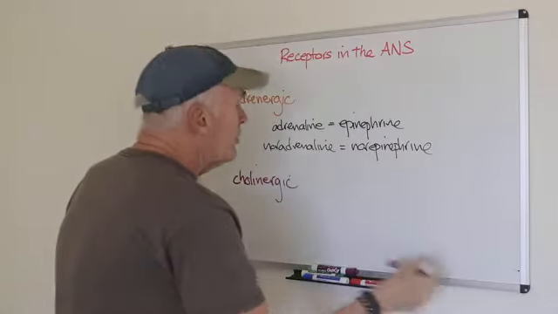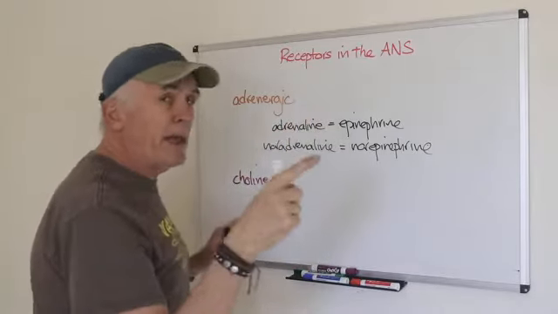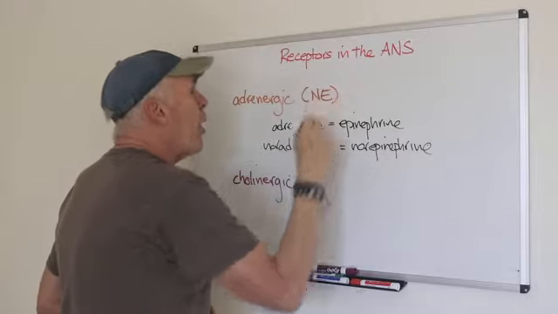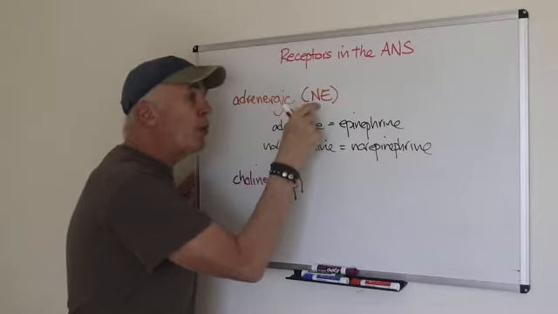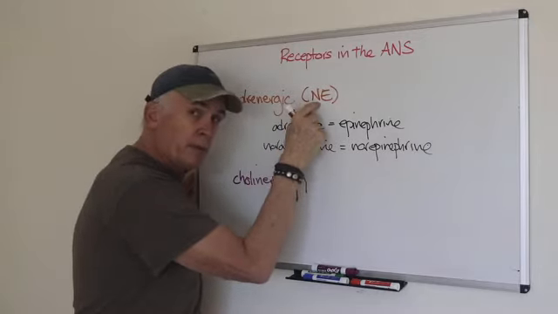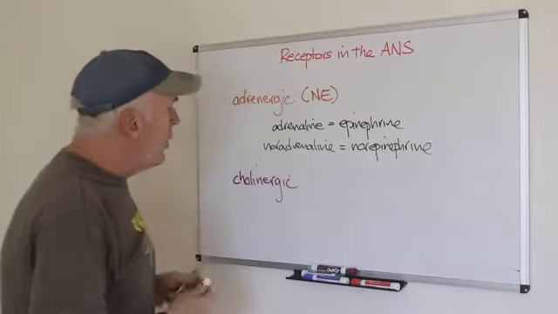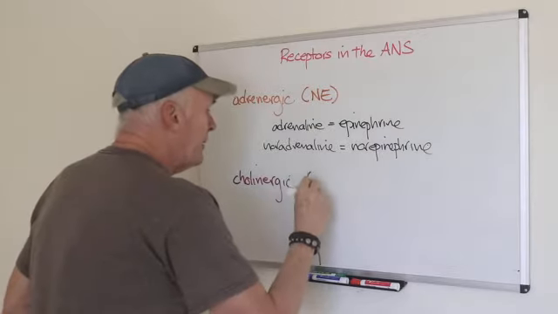So, adrenergic receptors, as it turns out, the neurotransmitter in the ANS is norepinephrine. So always think of adrenergic receptors as being for norepinephrine, okay? You'll be fine if you do that. Everything will be okay. Now, cholinergic, these are receptors for acetylcholine.